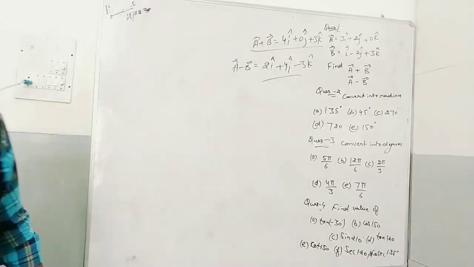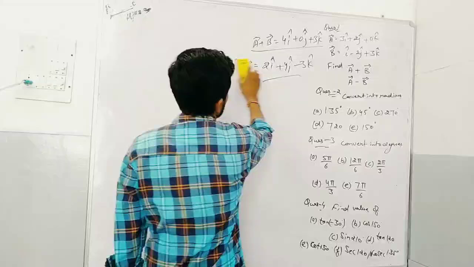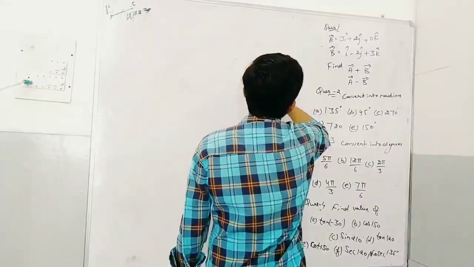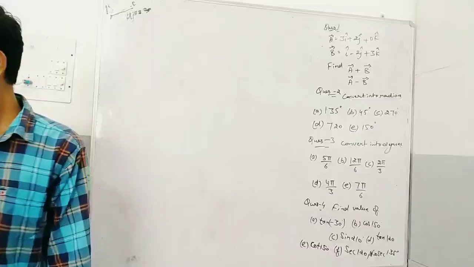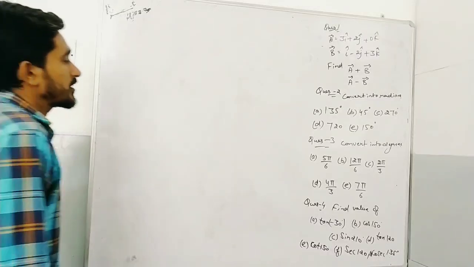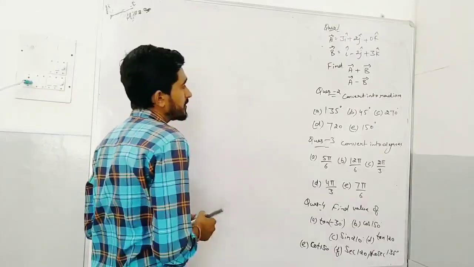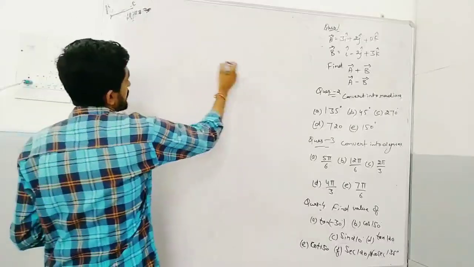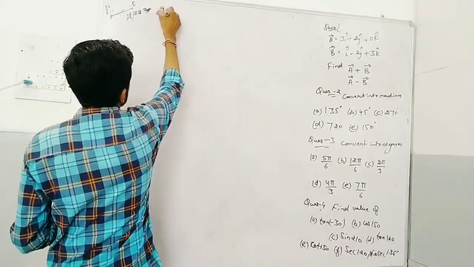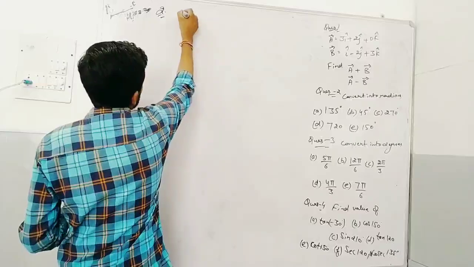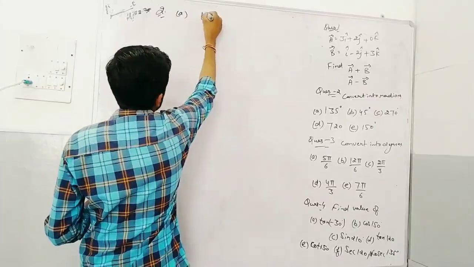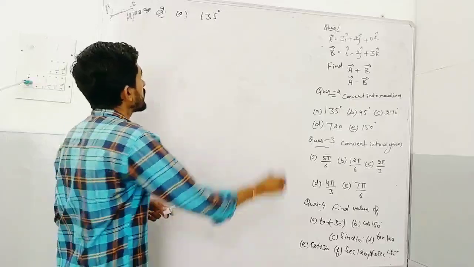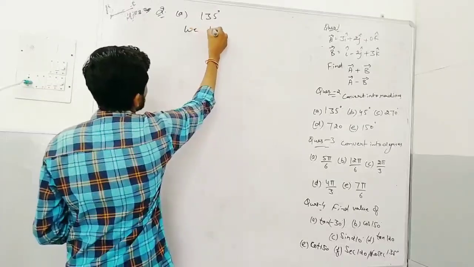I am proceeding to the second question. The second question is all about conversion of degrees into radians. The A part is 135 degrees into radians.